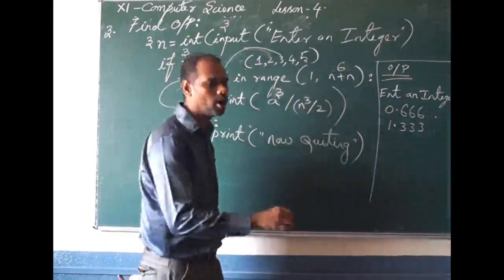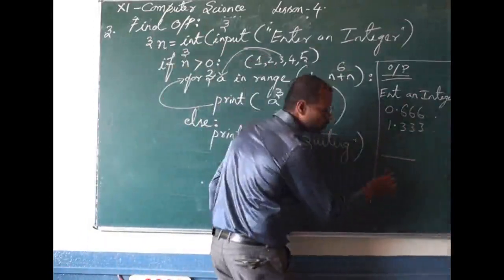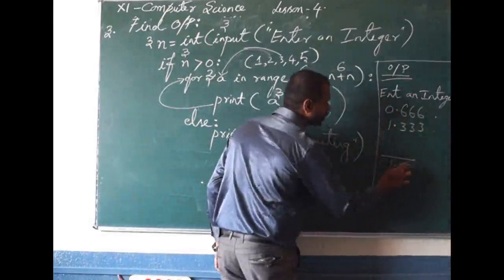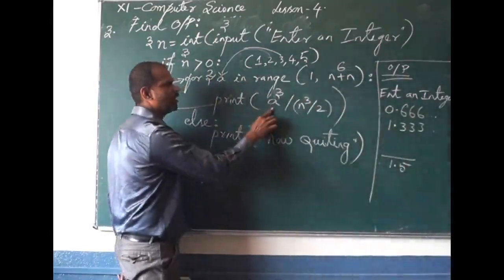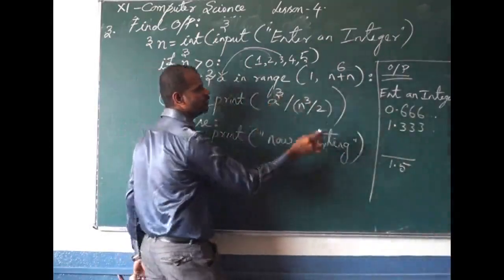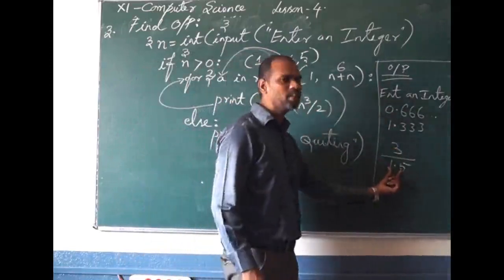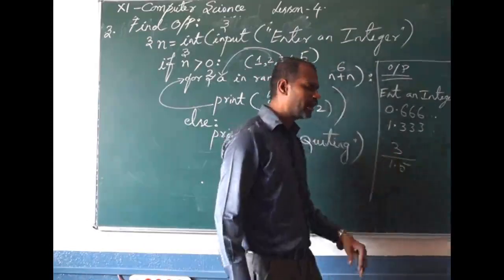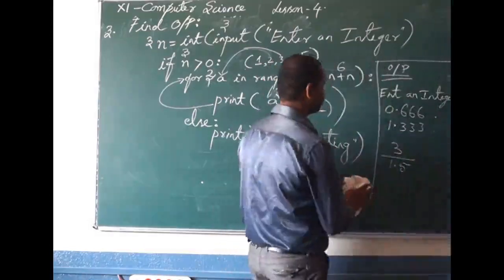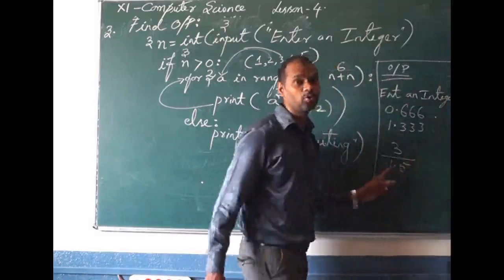I told you already that the denominator is always 1.5 and the numerator is changing now. A's value is changing, so it is 3 by 1.5. What is the answer? Double 1.5 is 3, so the answer is 2.0. The answer is 2 or 2.0.